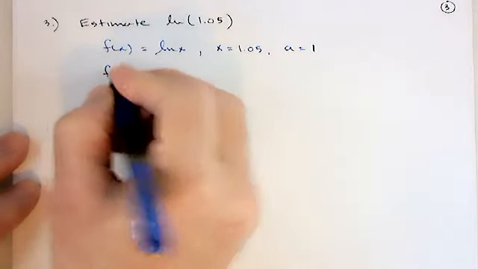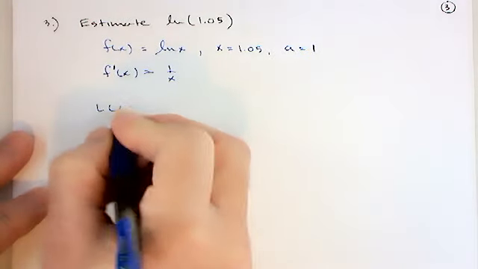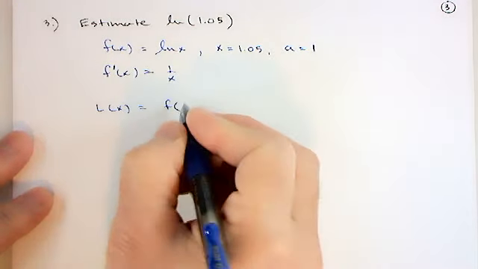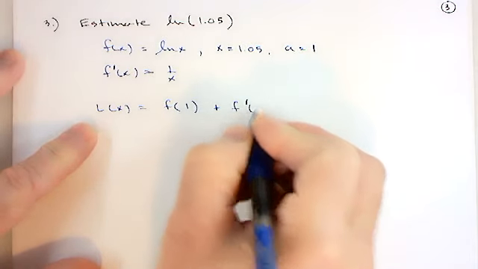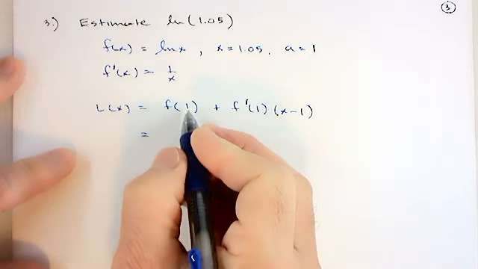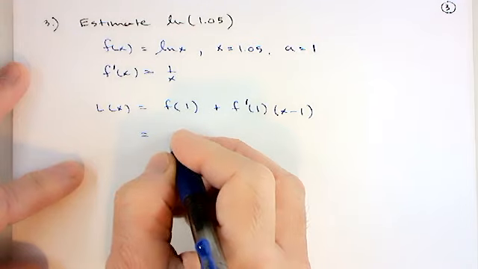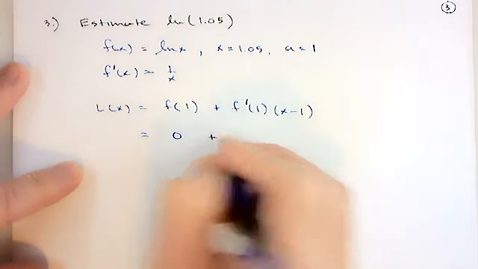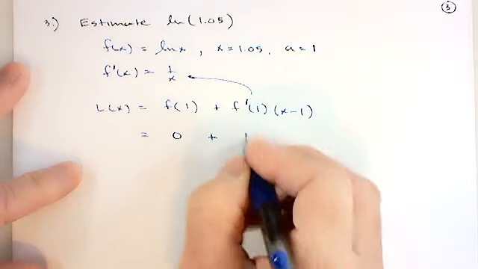Okay, I know I'm going to need the derivative, so we'll just work that out. It's 1 over x. L of x is going to be f of a, so f of 1 plus f prime of 1 times x minus 1. F of 1 is the natural log of 1, which happens to be 0. F prime of 1, plug that in here, is just 1.